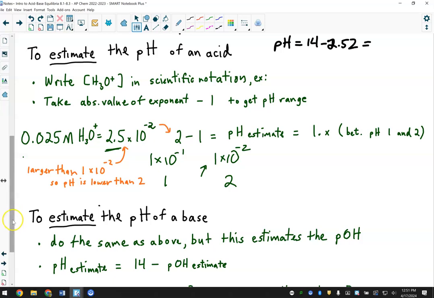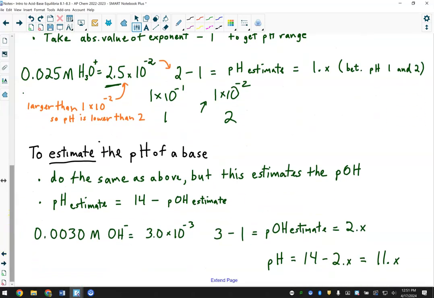Well, how about estimating the pH of a base? You do the same as above, but the estimate is going to be the pOH, and you subtract from 14. So for this case, let's estimate the pH for a 0.0030 molar hydroxide ion concentration. Well, that's 3 times 10 to the negative third. So you take 3, you subtract 1 from it, and that becomes the number before the decimal, and then you put an x.